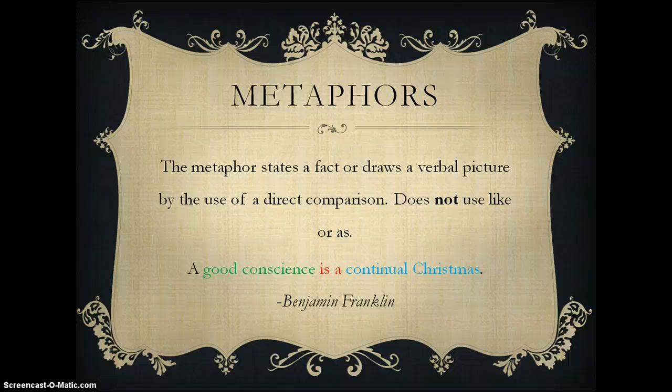But we can see the metaphor here by noticing a direct comparison between a good conscience and a continual Christmas. Benjamin Franklin is also using connotative meaning in his word choices here. He is saying that a good conscience will make you feel like it is Christmas Day every day. We'll talk more about connotative meaning in just a second.